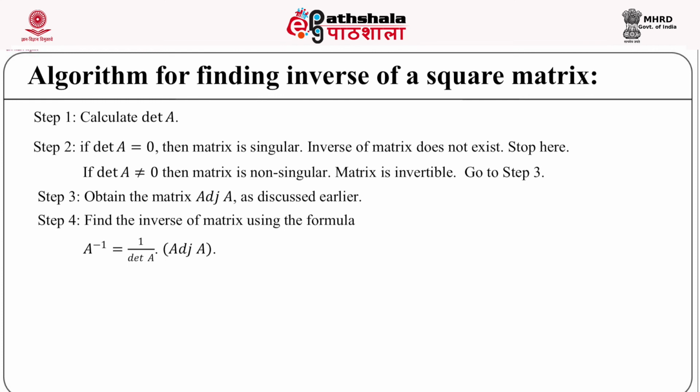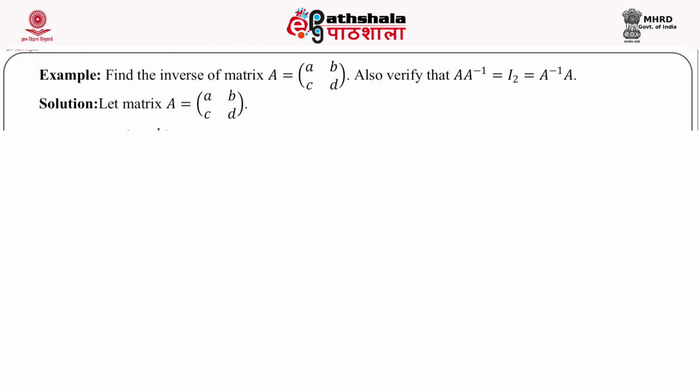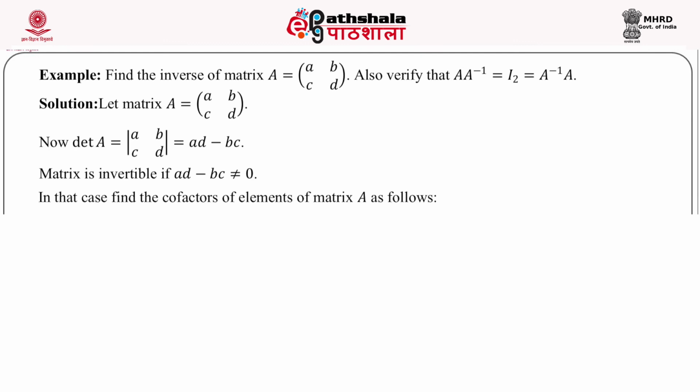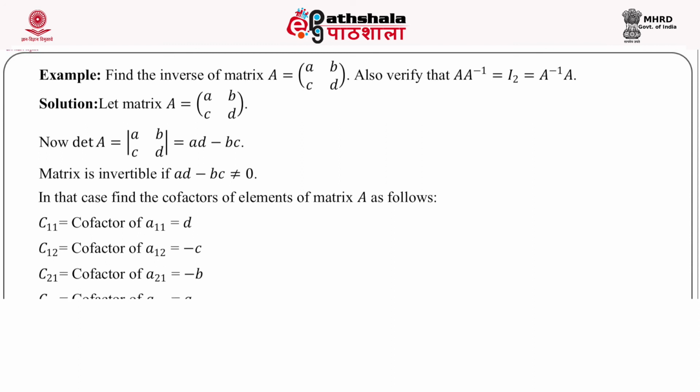For example, let A be any second order matrix. We need to verify that A into A inverse is equal to the identity matrix of second order. Let matrix A be this. Let us find the determinant of this matrix. It is equal to AD minus BC. Now the matrix will be invertible only if the determinant is non-zero.